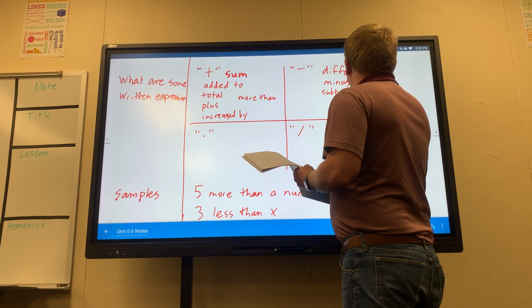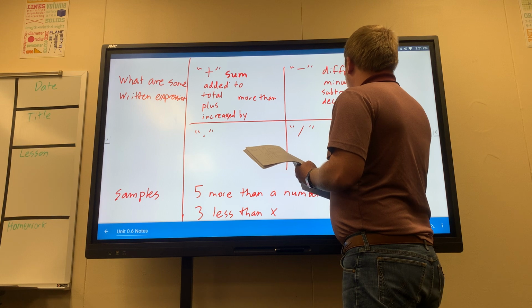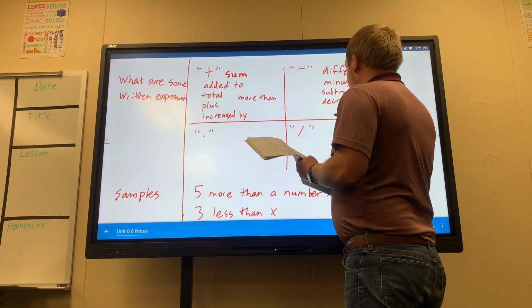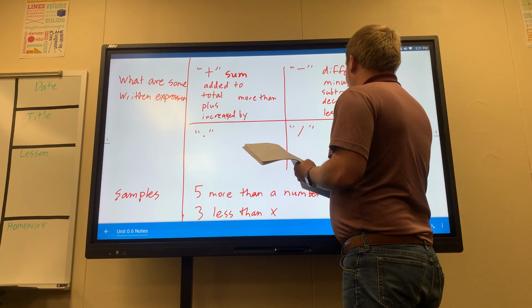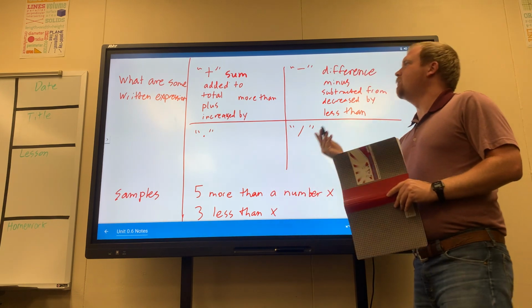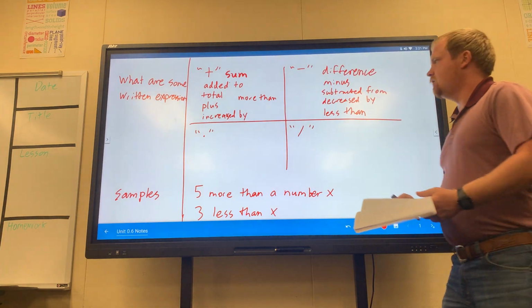Subtracted from, decreased by, and then we have less than, which the way we work this out is similar to more than plus subtraction.